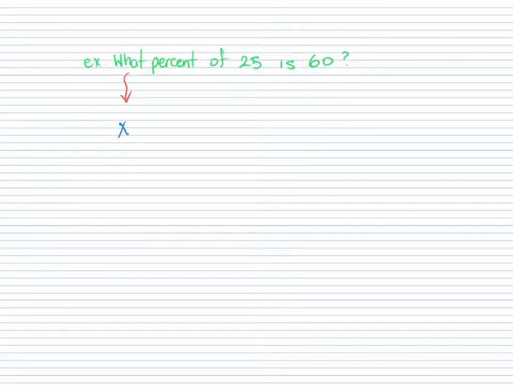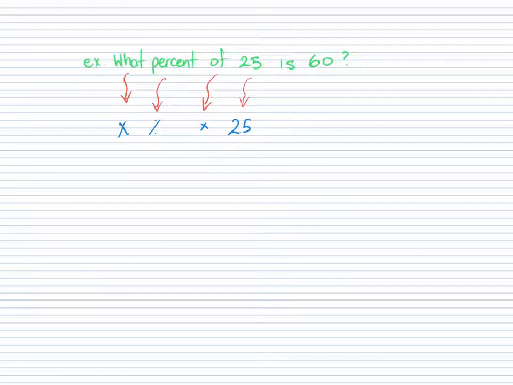So what percent? We know percent is just percent. So that's that right there. Of, we recently learned when you see of, the operation we use there is a multiplication. That's not an x, that's a multiplication sign. 25, well, 25 is literally just 25, but I'll write that there.